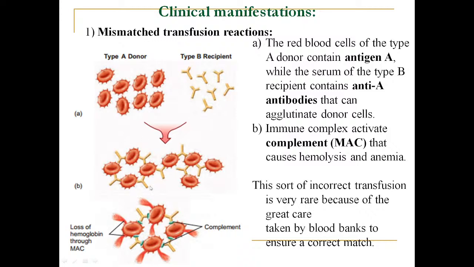It is an immune complex, antigen and antibody. Antigen and antibody activate C1, C1 activates C4, C4 activates C2, then C3, C5, C6, C7, C8, C9. It is the membrane attack complex that causes cytolysis of the antigen, cytolysis of transfused red blood cells.